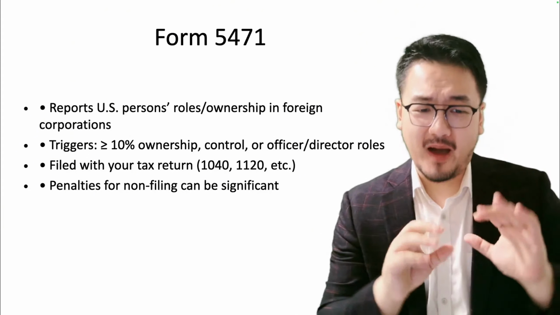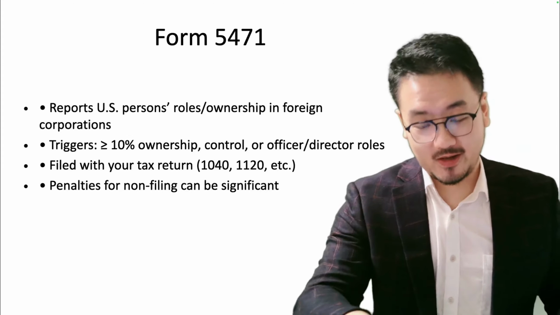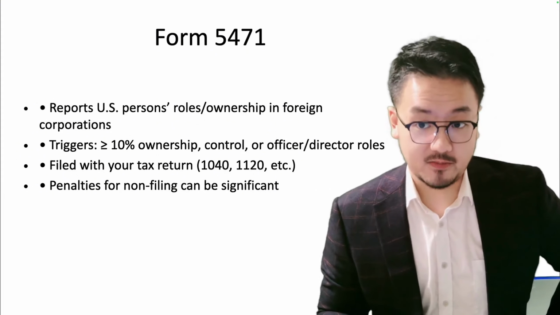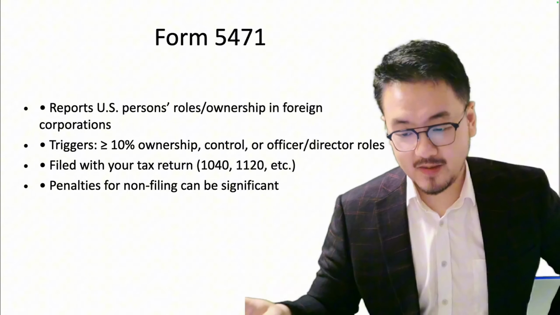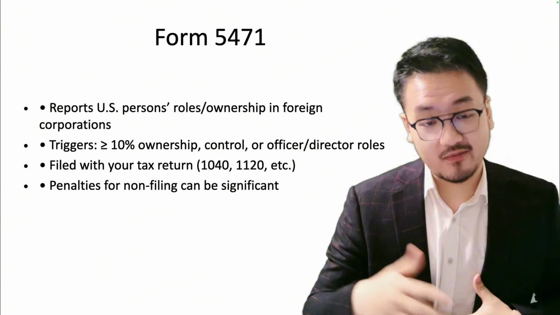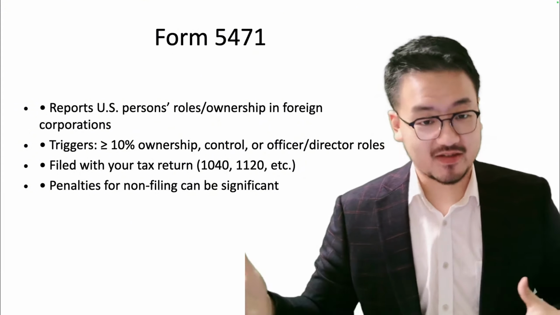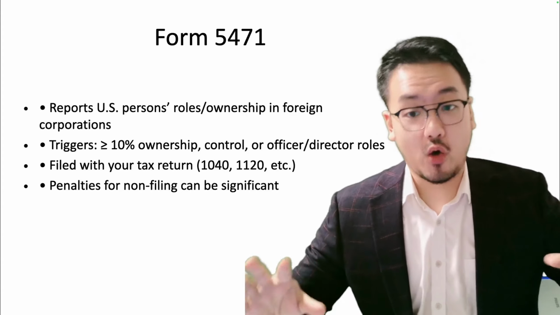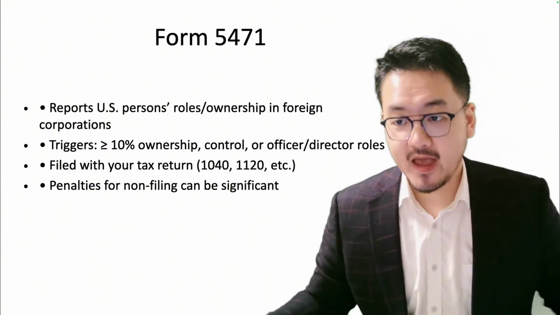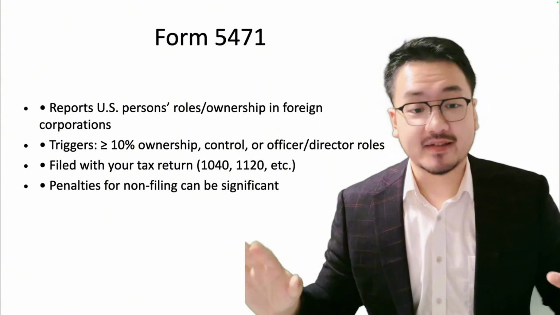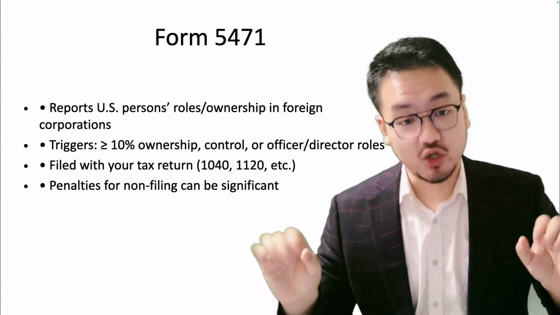You say, well, by value I hold 10% of the shares, but sometimes if you have voting power of more than 10%, that also counts. It's direct ownership or indirect. If you can heavily influence that foreign corporation, you're also considered to own 10% or more. Direct, indirect, constructive ownership, all of that is considered a key trigger.